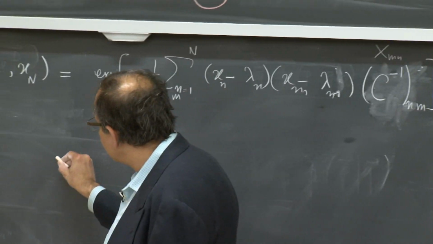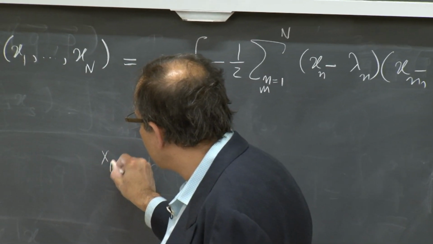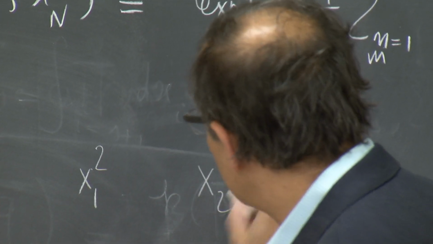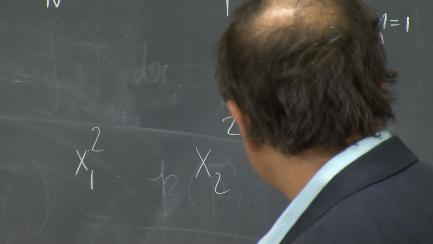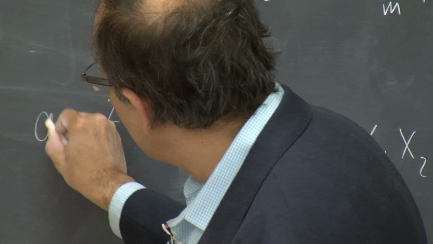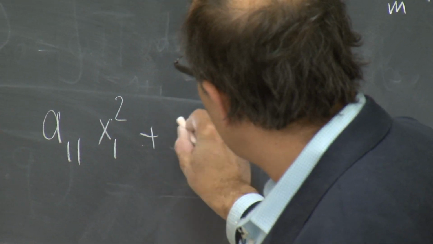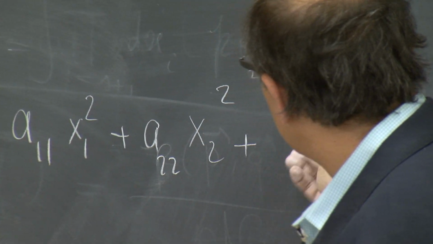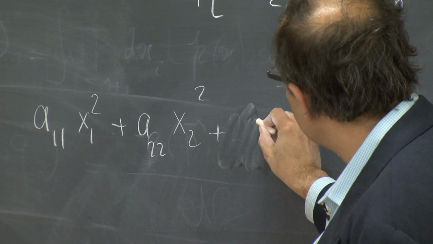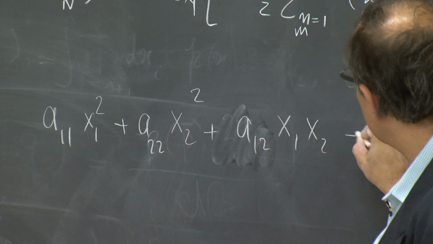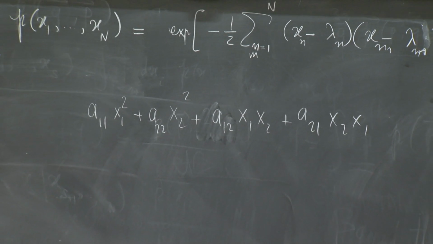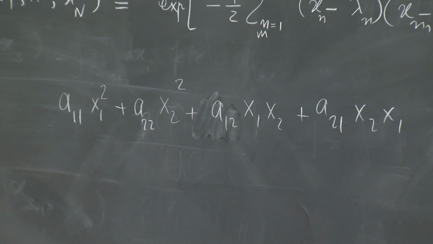What C means again? Okay, so let's forget about the lambdas. In general, for two variables, I would have some coefficient for x1 squared, some coefficient for x2 squared, and some coefficient for x1 x2. I could call these A11, A22, and 2A12, or I could write it as A12 plus A21 times x2 x1, although A12 and A21 would be the same.